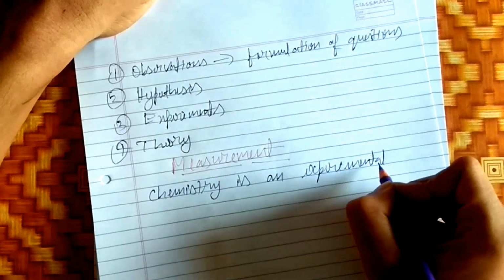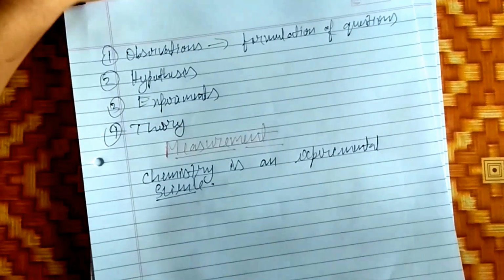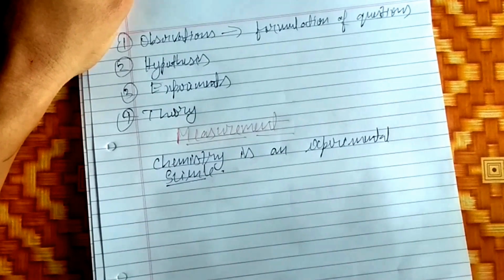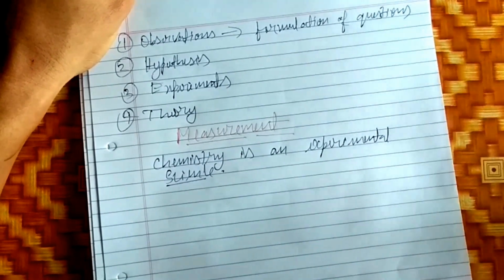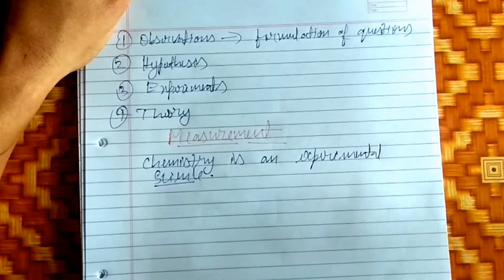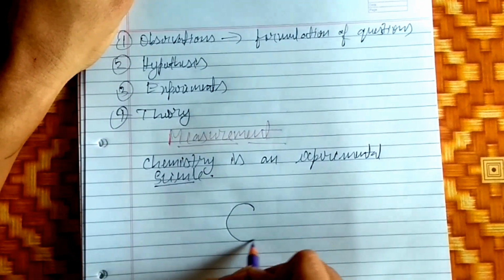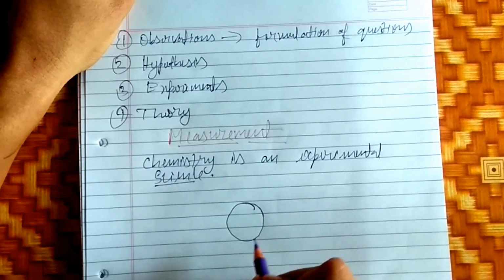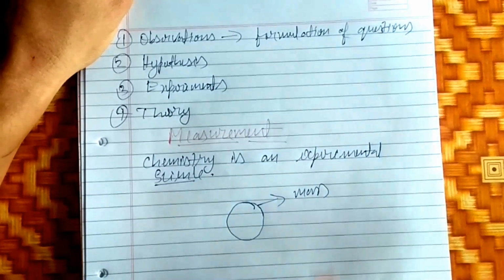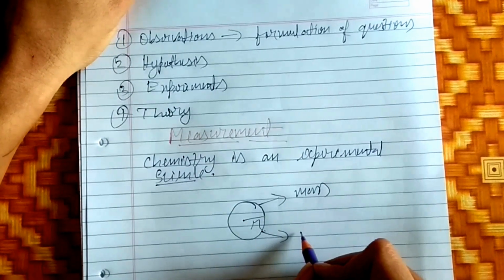In an experimental science we have to carry out different experiments, and to carry out the same experiments multiple times we must be able to specify or describe completely the object on which we are working. For example, if we have a spherical ball and want to calculate its density, then we must know its mass. We must also know its radius, and with the help of the radius we can calculate its volume.